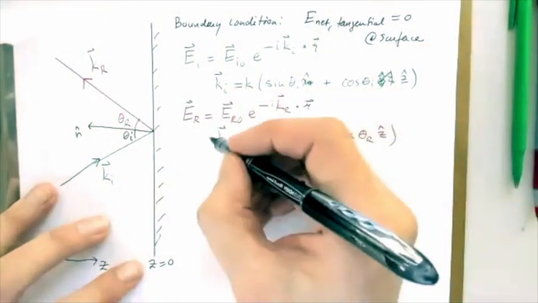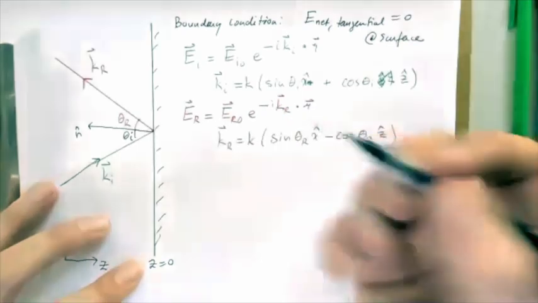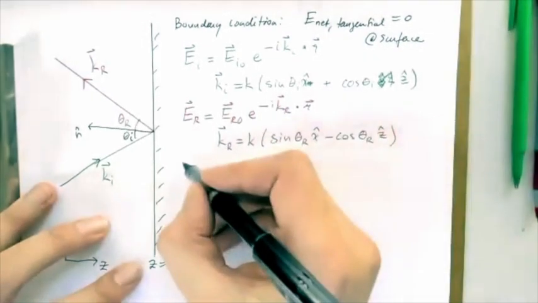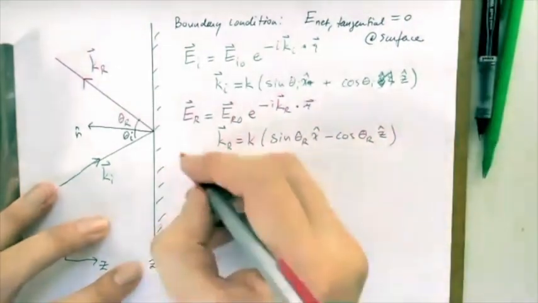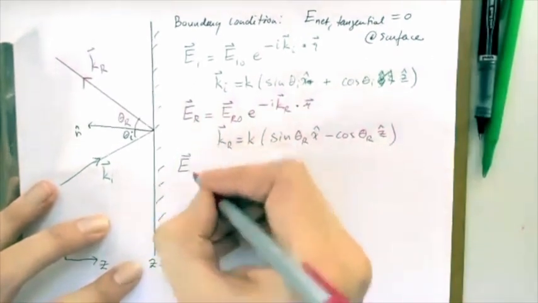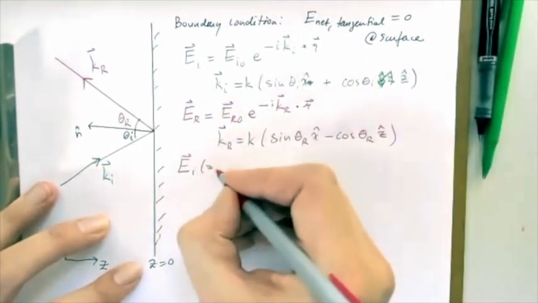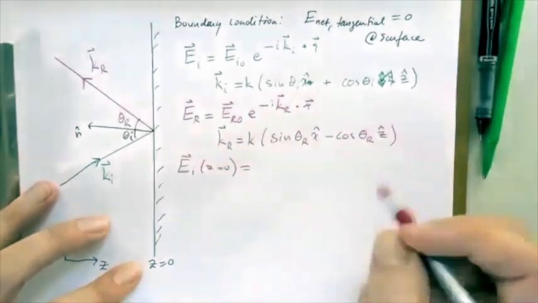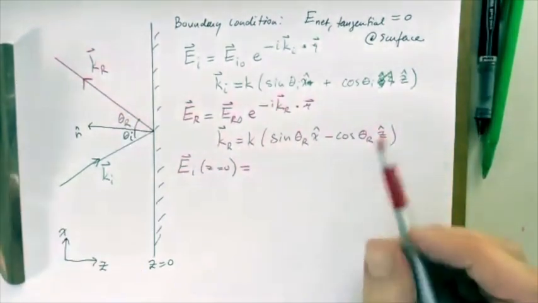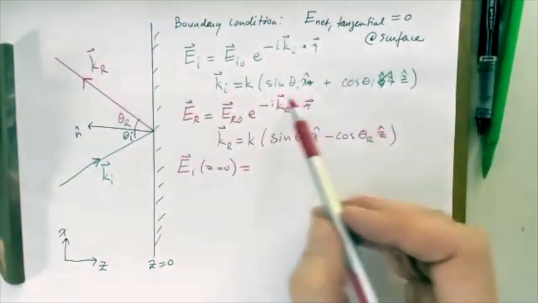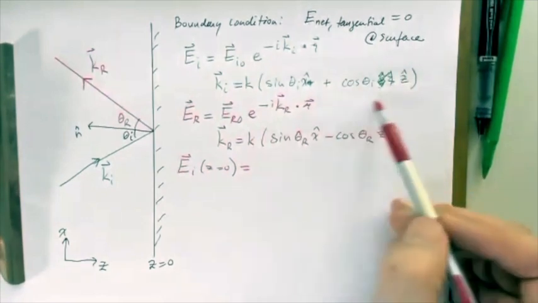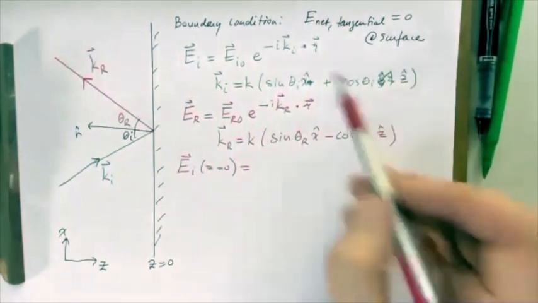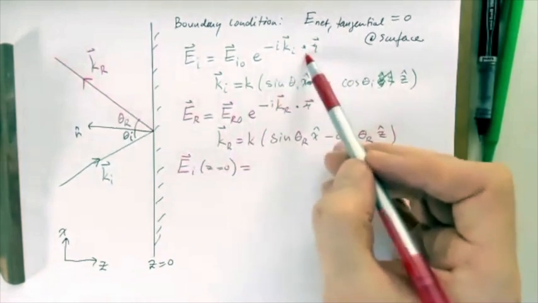So the incident field at z equals 0, if you multiply this out, when you take the dot product you get k_i dot r.